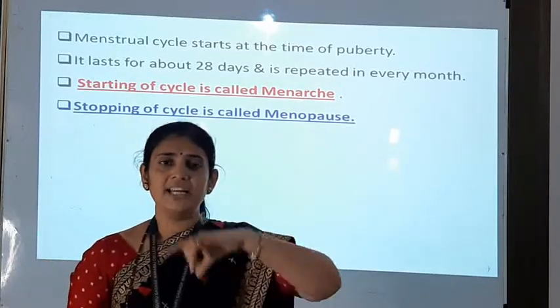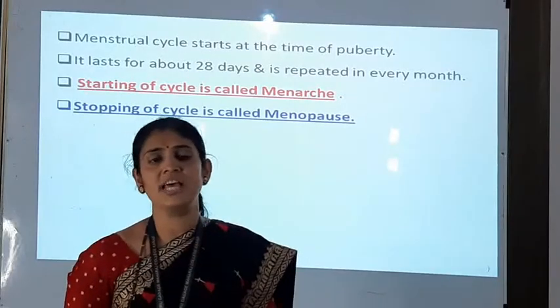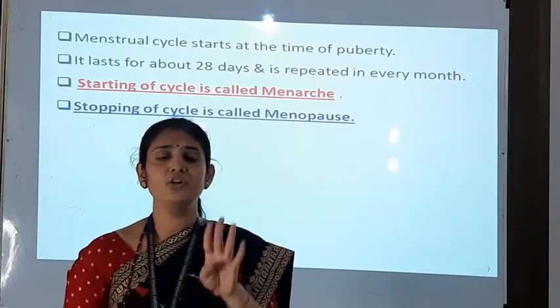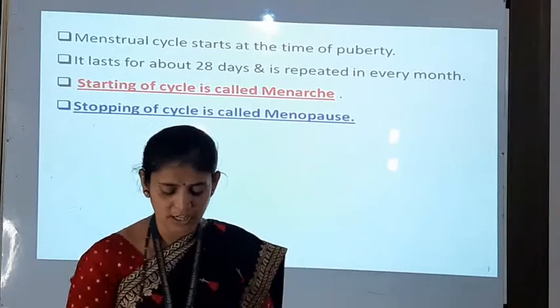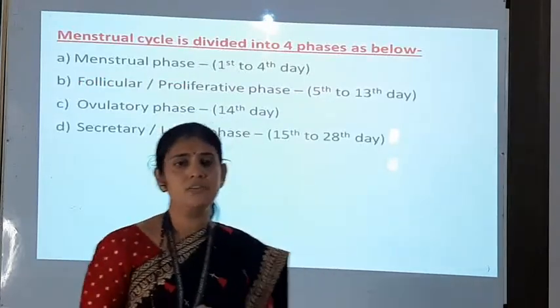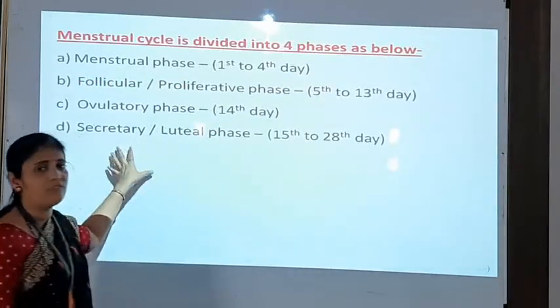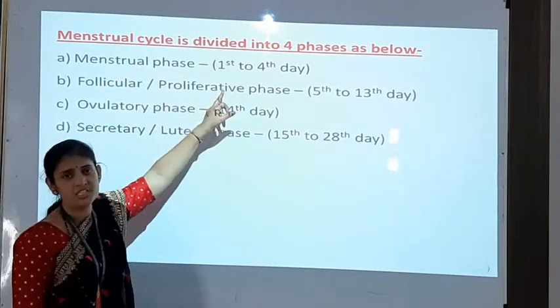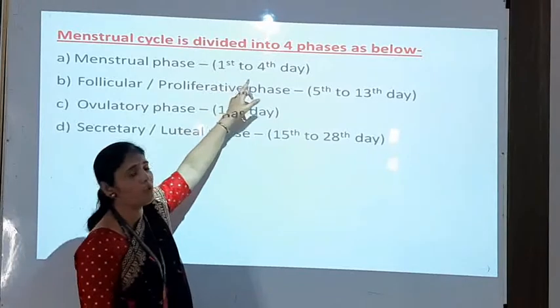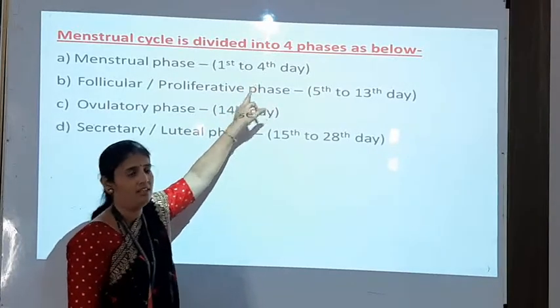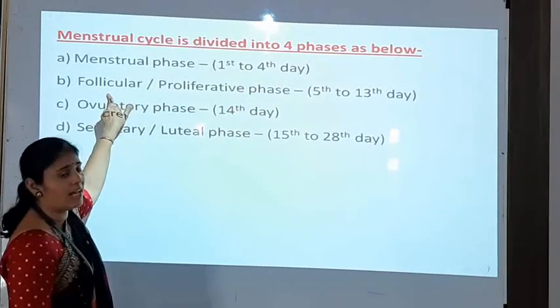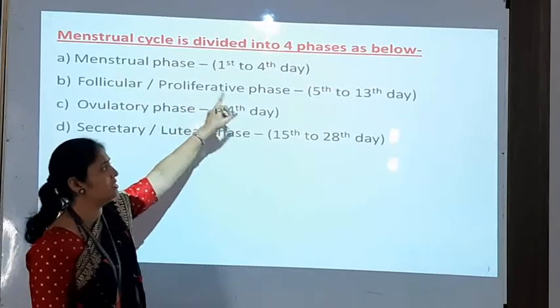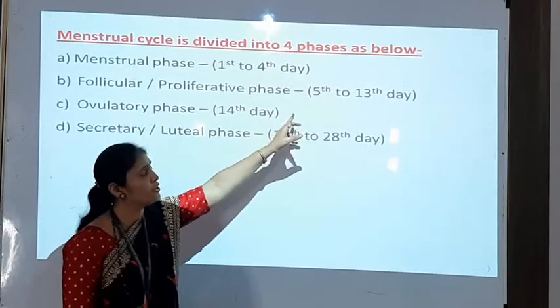Now these cyclic events during this menstrual cycle are divided into 4 phases. Which are those phases that we have to study? These are the 4 phases. First is the menstrual phase, which is present between the 1st to 4th day of the menstrual cycle. Second, the follicular or proliferative phase, which is present between the 5th to 13th day.